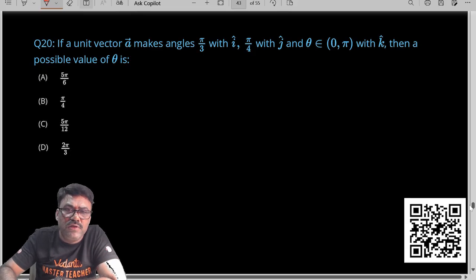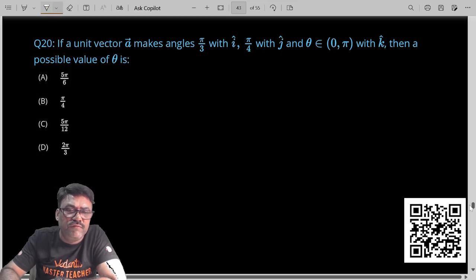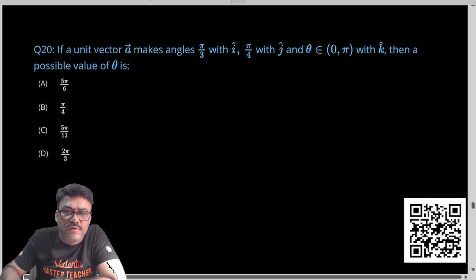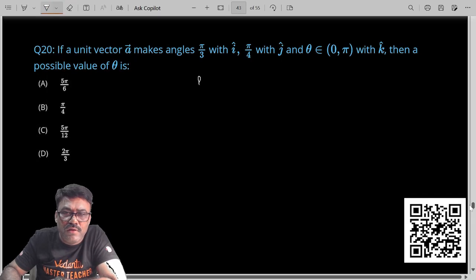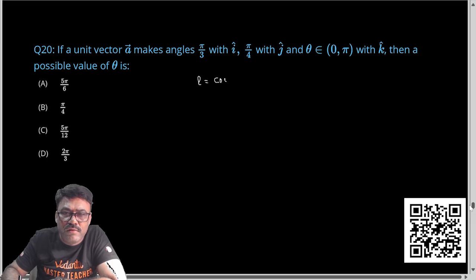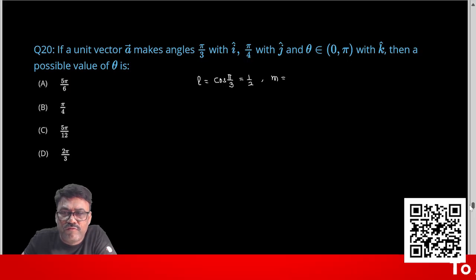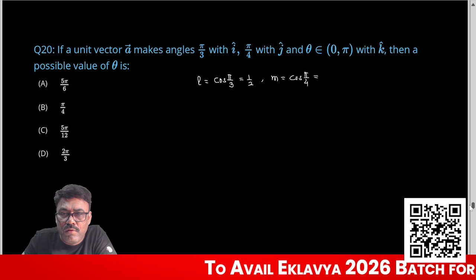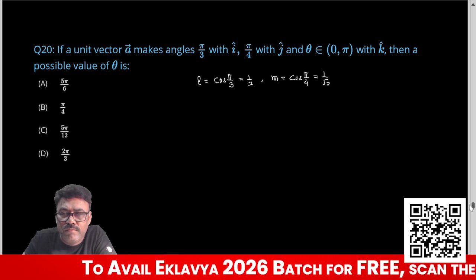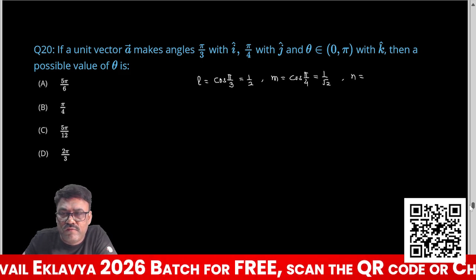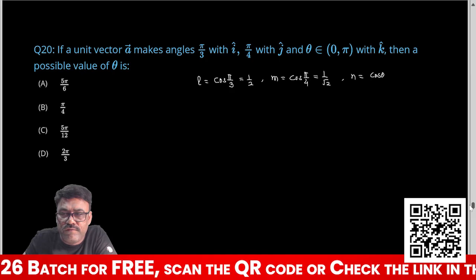Basically, if I write the direction cosines of this vector, L is cos pi by 3, which is half. M is cos pi by 4, which is 1 by root 2. And N is cos theta. Theta you have to find.